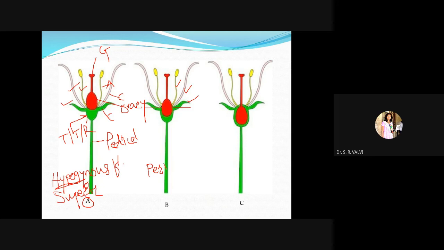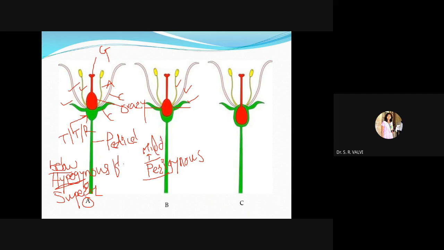Peri means, in a Greek word, middle. Gynous means gynoecium. Please do remember these things. Hypo means below, and peri means middle.